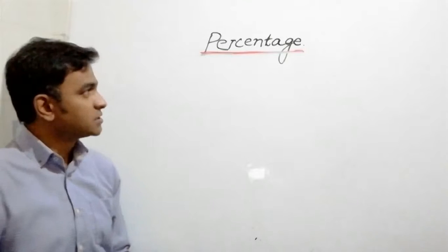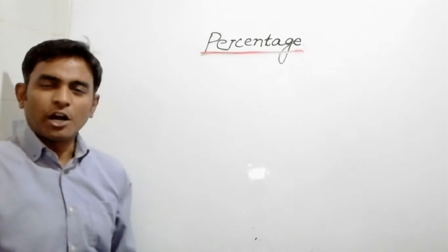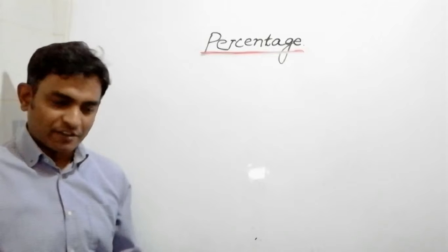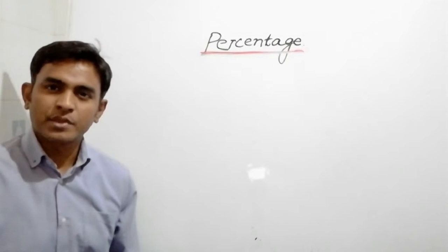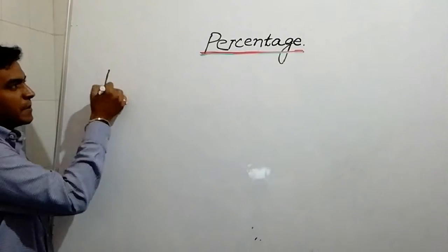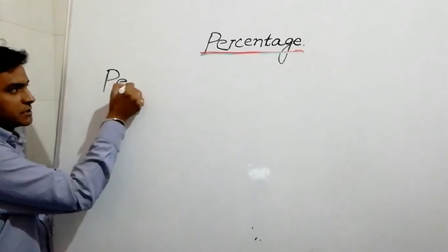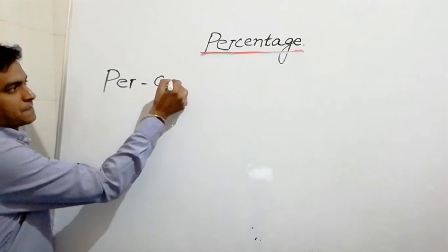Today's topic is percentage. As always, we'll first start with the very basics and then we'll use those concepts to solve a variety of problems. So let's first understand what is percent. Percent is made up of two words, per and cent.